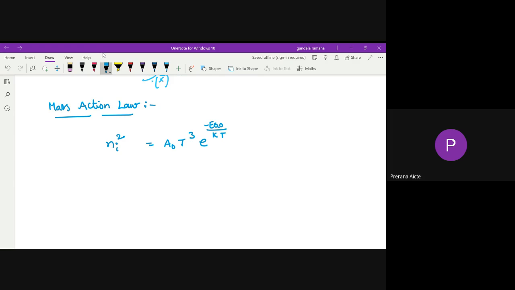This A0 is the material constant, T is the temperature, and EG0 is the energy gap at 0 degrees Kelvin. So intrinsic concentration depends on the material constant and temperature.